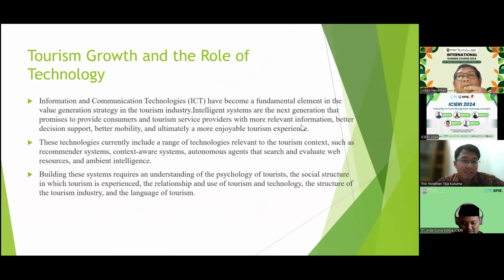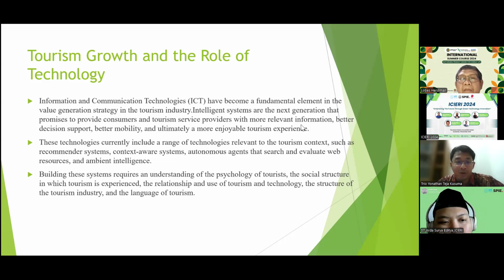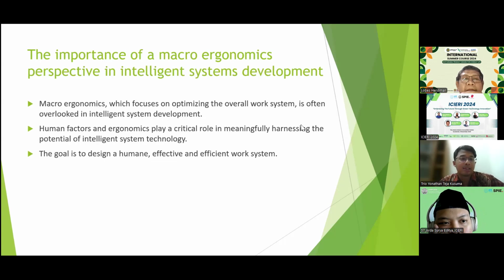Current technologies relevant to the tourism context include recommender systems, context-aware systems, and autonomous agents that search and evaluate web resources. Macroergonomics, which focuses on optimizing the overall work system, is often overlooked in intelligent system development.